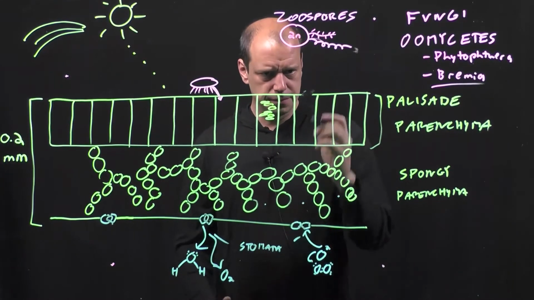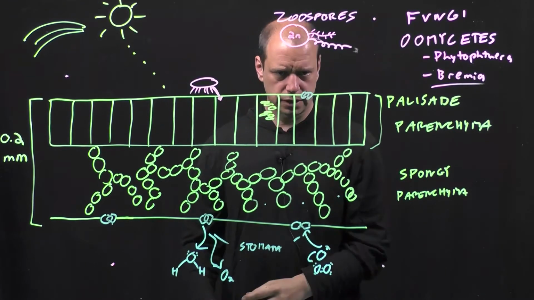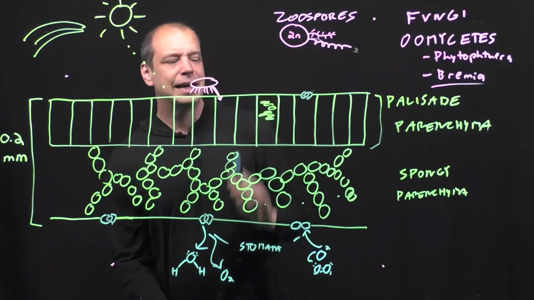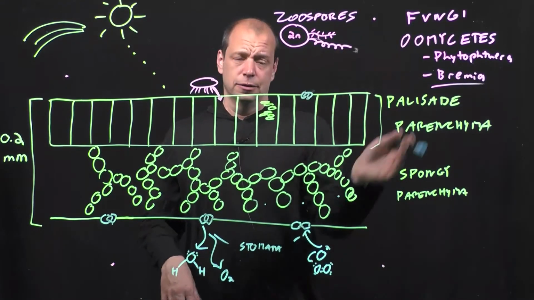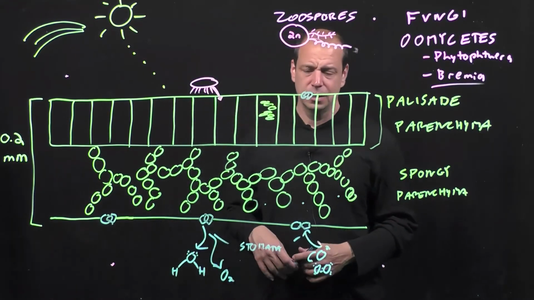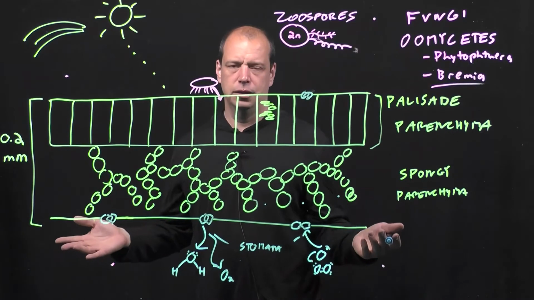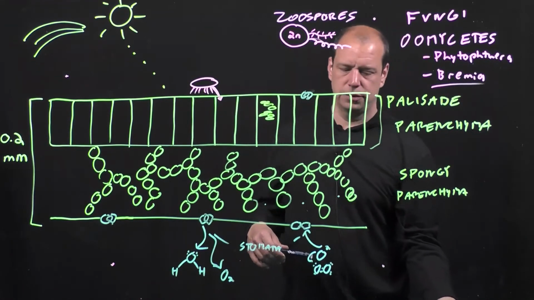Let's say that we are talking about a stomata on the top side of a leaf, although this probably happens more frequently on the underside. For purposes of ease of illustration, I'll draw it on the top side. So say in the fall you have frequent rains, you have water falling from the sky to the ground.